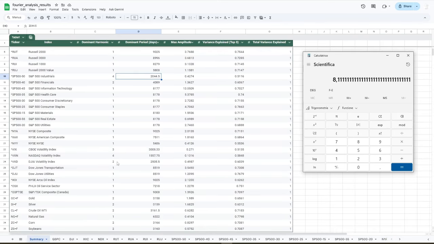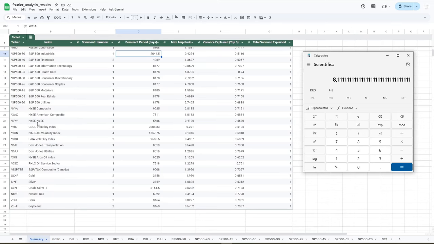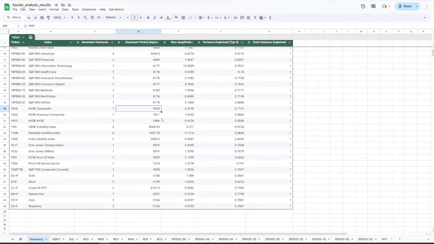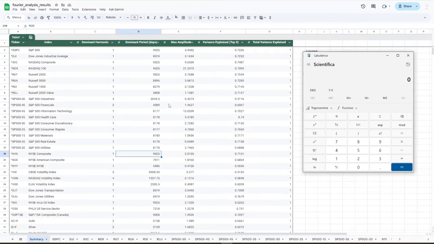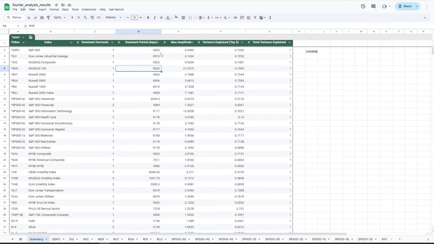So 244 days is 8.1 years; the numbers are very funny. If we take the NYSE composite, the American composite, we see that they have different dominant periods. The NYSE composite is 9,000 days, exactly the same dominant period as the Russell 2000, the NASDAQ 100, the S&P 500 or the NASDAQ composite.